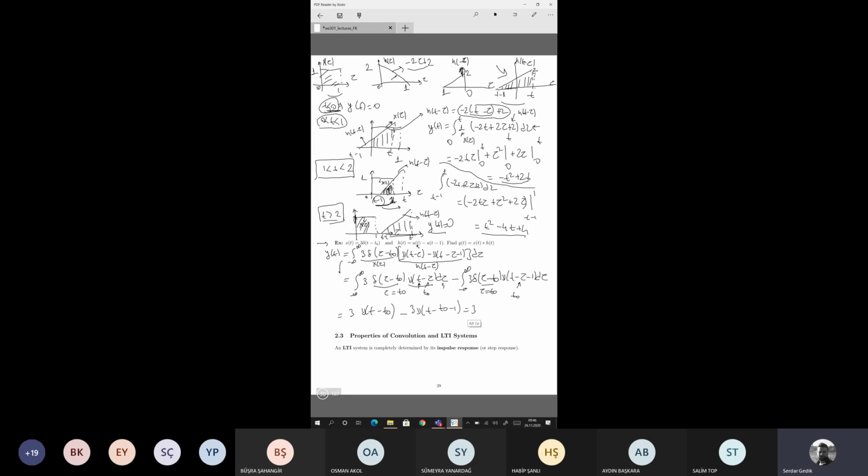And this is in parentheses, 3 times (u(t - t0) - u(t - t0 - 1)), and it is simply 3 times h(t - t0).